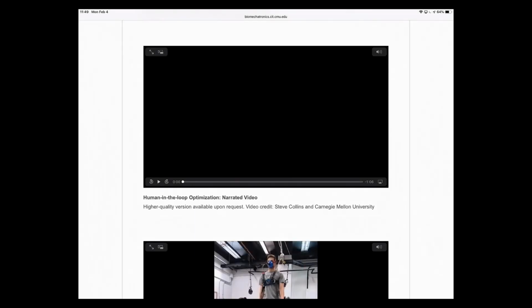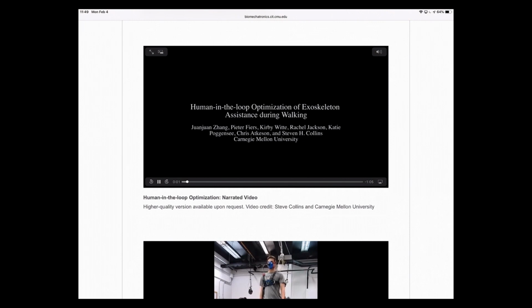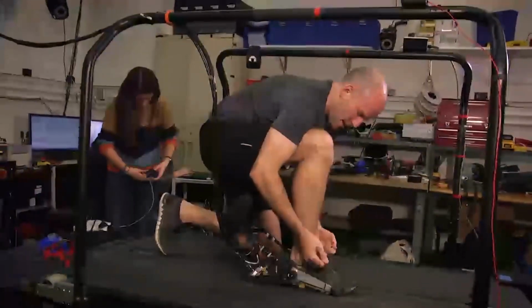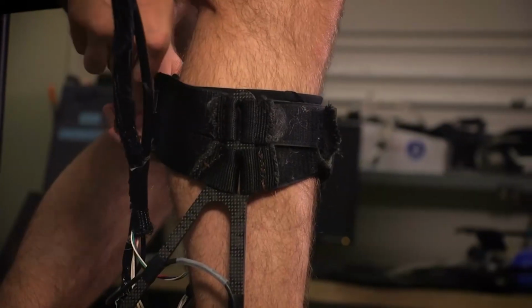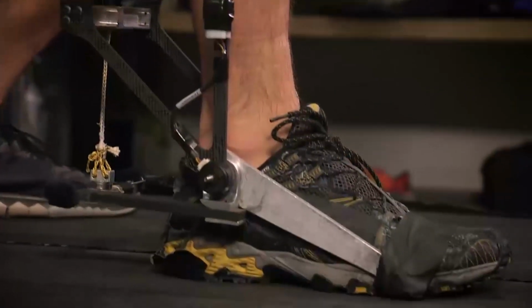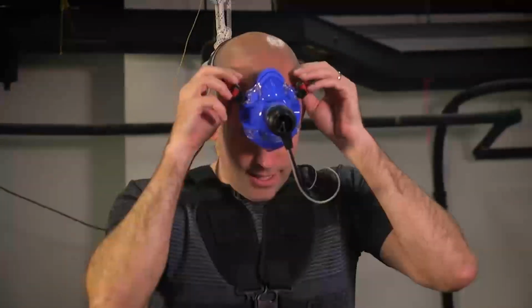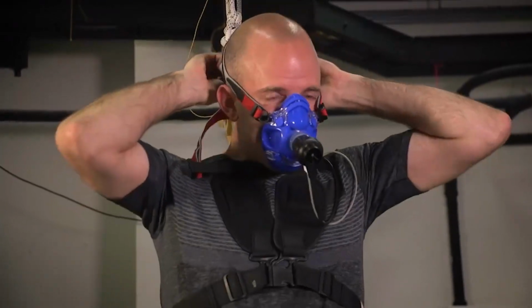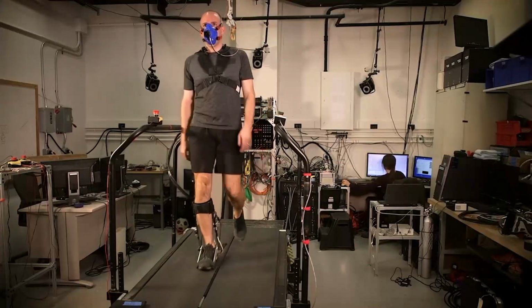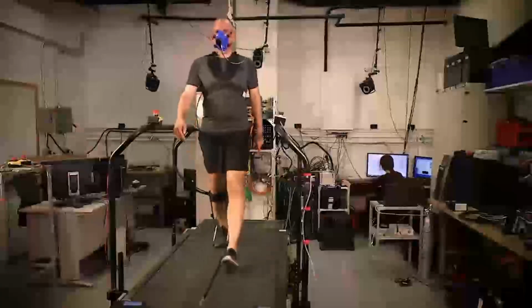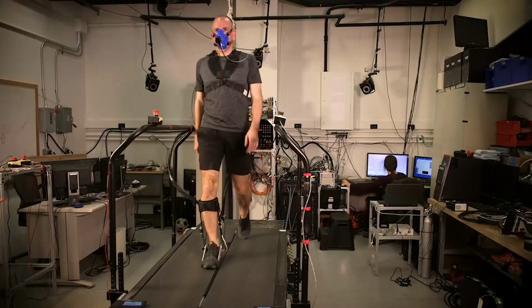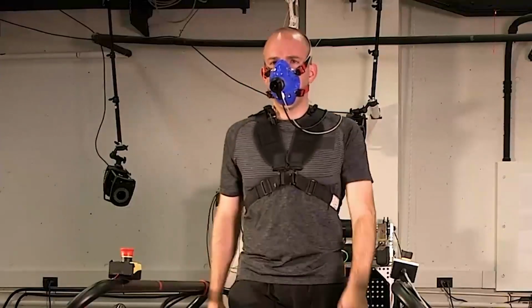So this is some nice work done by a colleague of mine. We have developed a method for automatically identifying the exoskeleton assistance patterns that minimize metabolic energy cost for individual humans during walking. During optimization, the user first experiences one control law while respiratory measurements are taken.